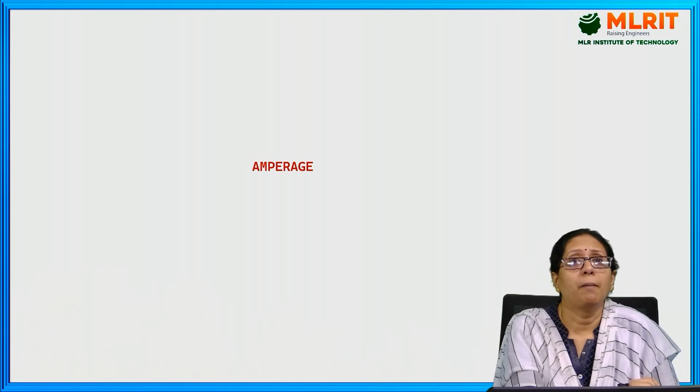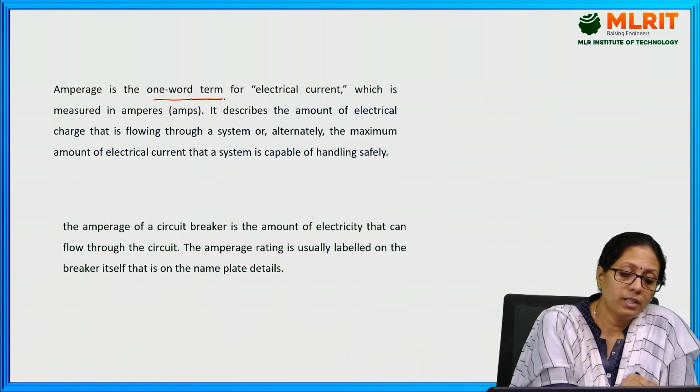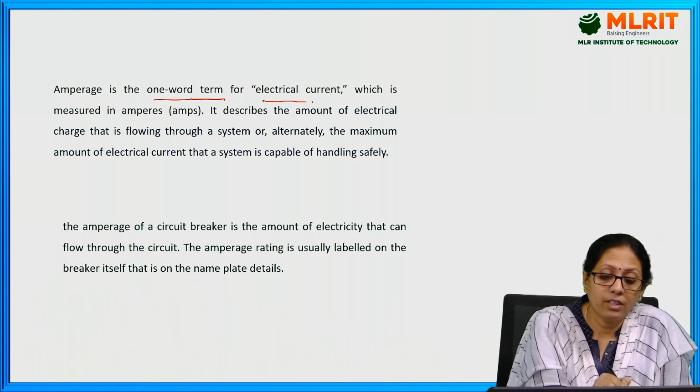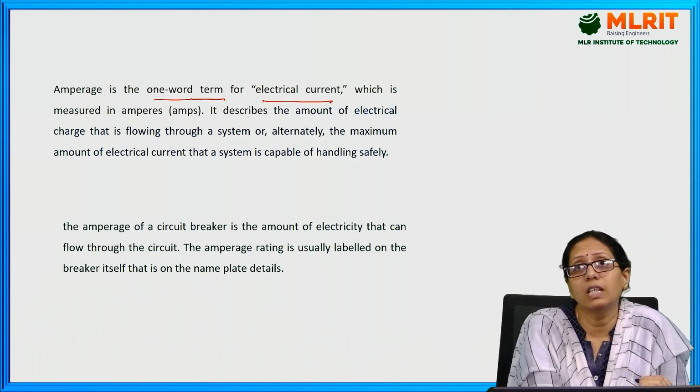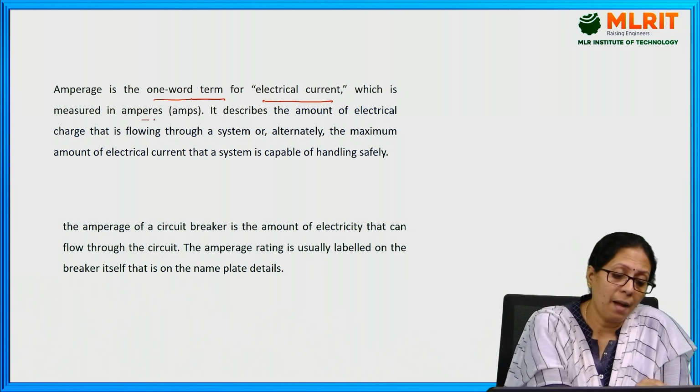Amperage. What is amperage? Amperage is a one-word term for electrical current, which is measured in amperes.